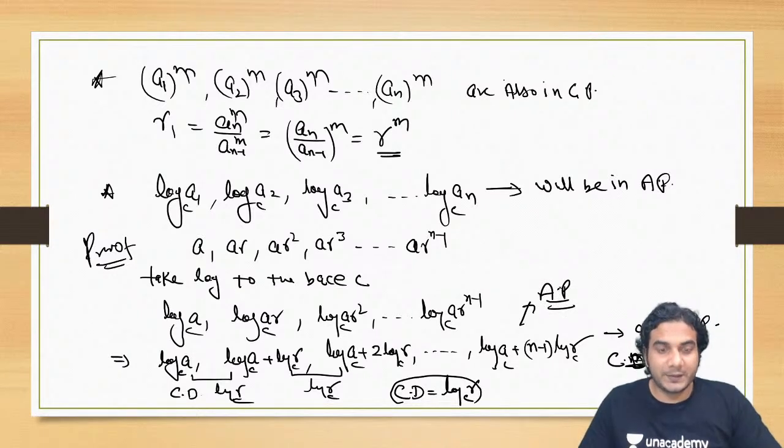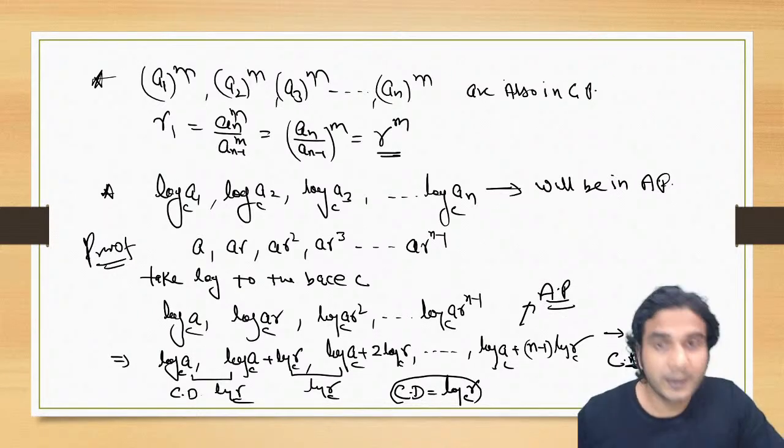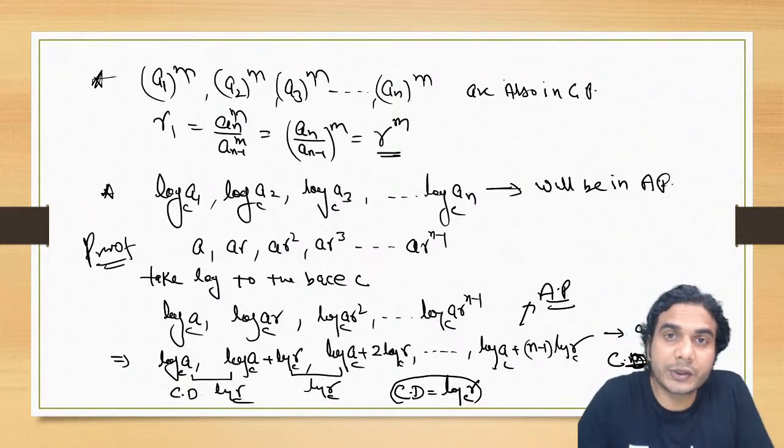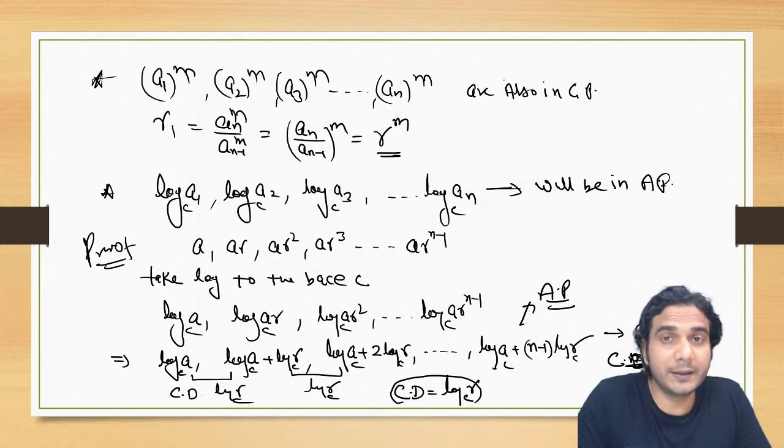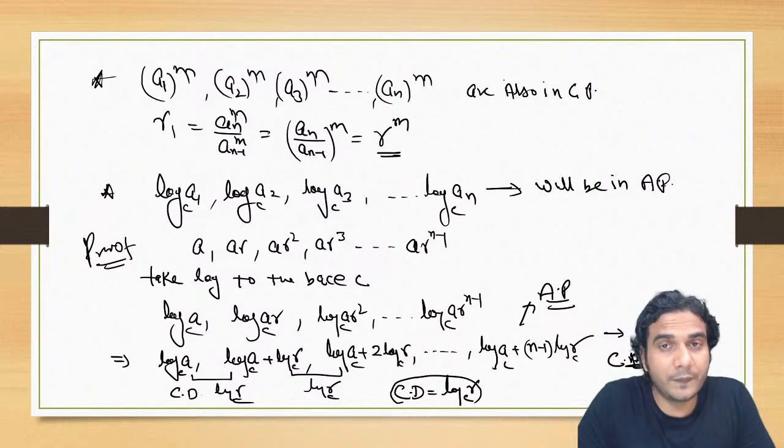So I hope these properties are clear to everyone, but let me also remind you, if you add a constant or subtract a constant in an AP, the sequence was same. Numbers were in AP only, but in GP that is not true. Even in GP, if you add some number, then numbers will not form a GP, and it won't form even AP.